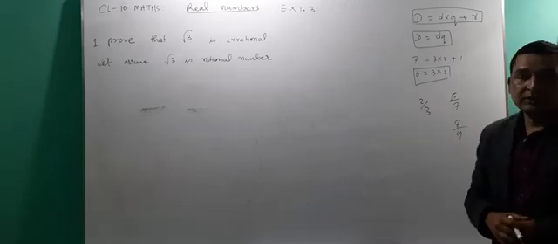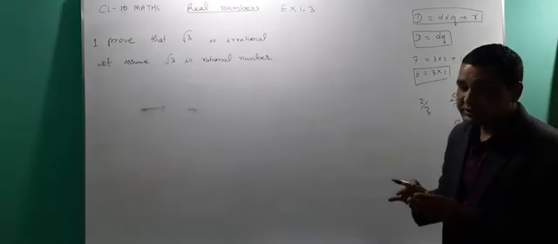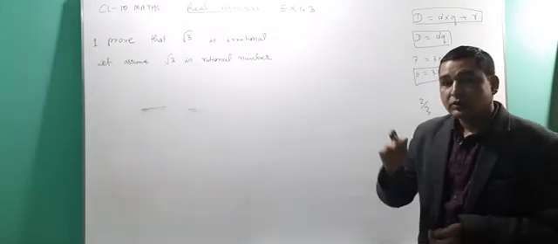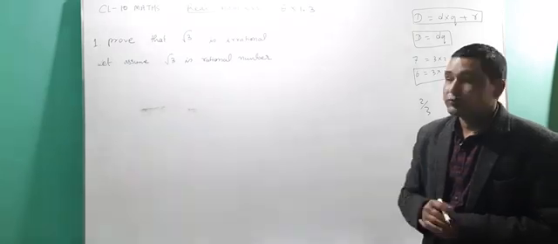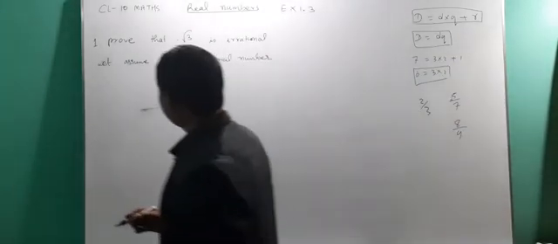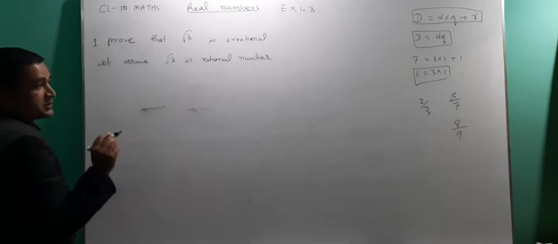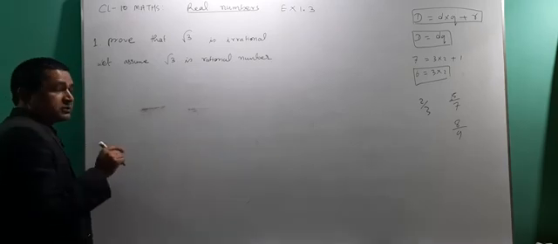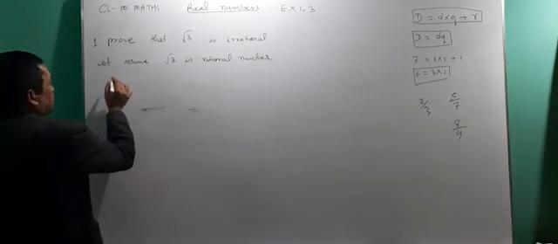If this is a rational number, then we can express it in fraction form, a by b form, or p by q form. Rational numbers are always represented in fraction form.